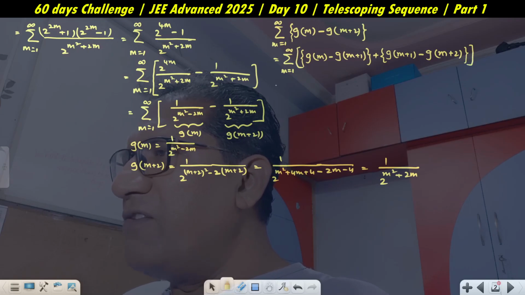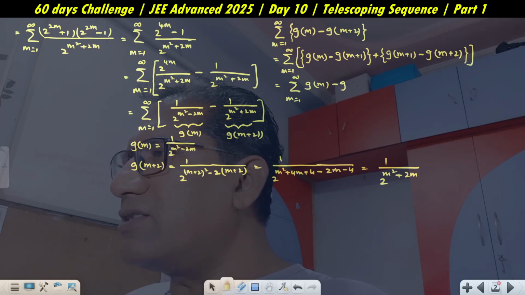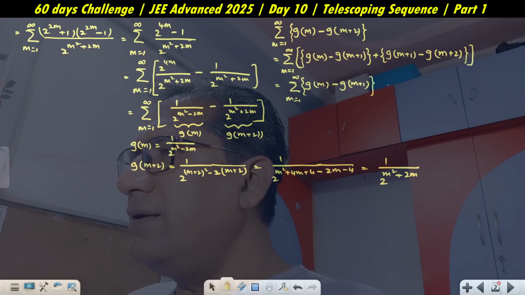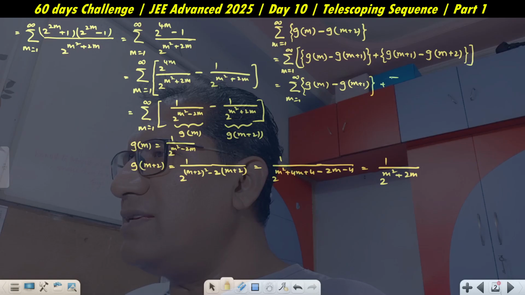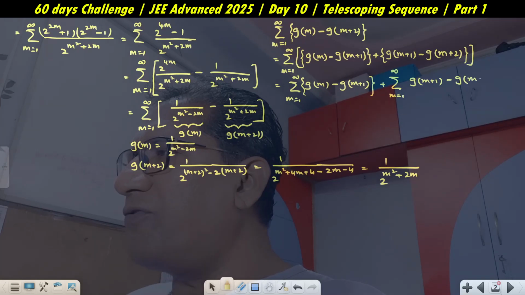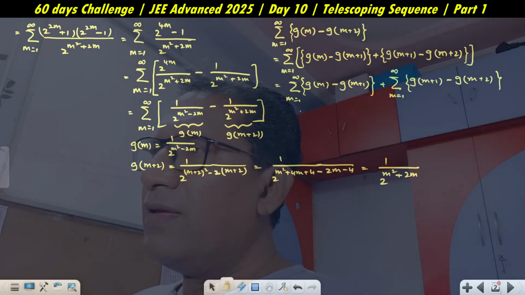Now if I separate these two sigmas, it's Gm minus Gm plus 1, this is one, and another one is sigma Gm plus 1 minus G of m plus 2. Correct?